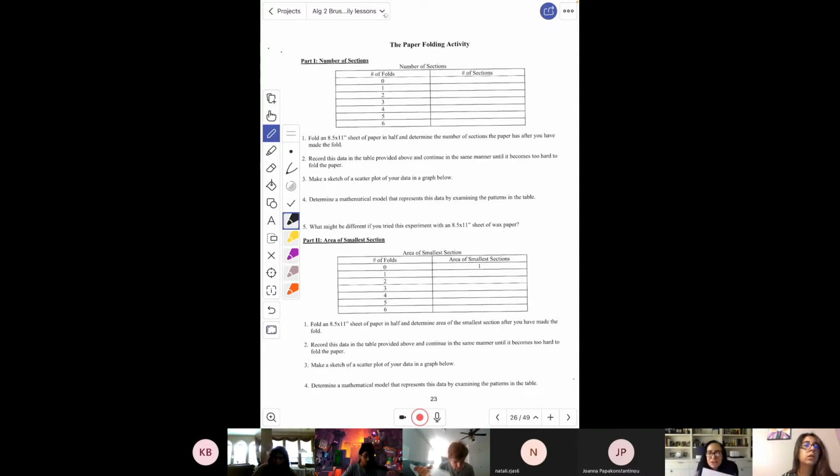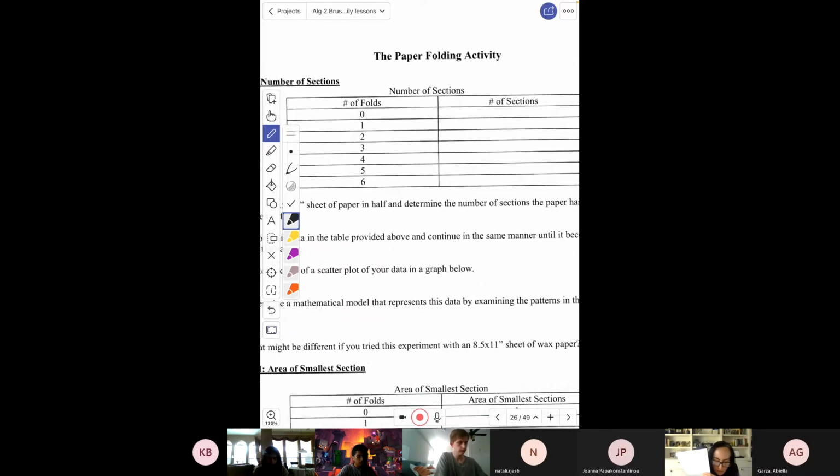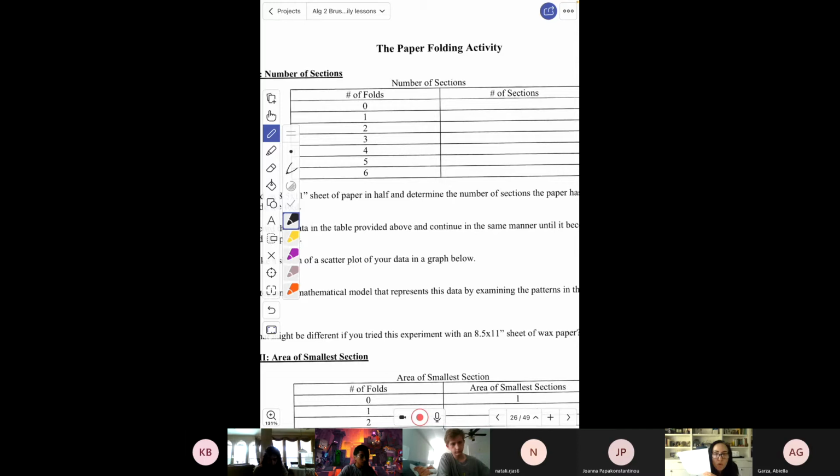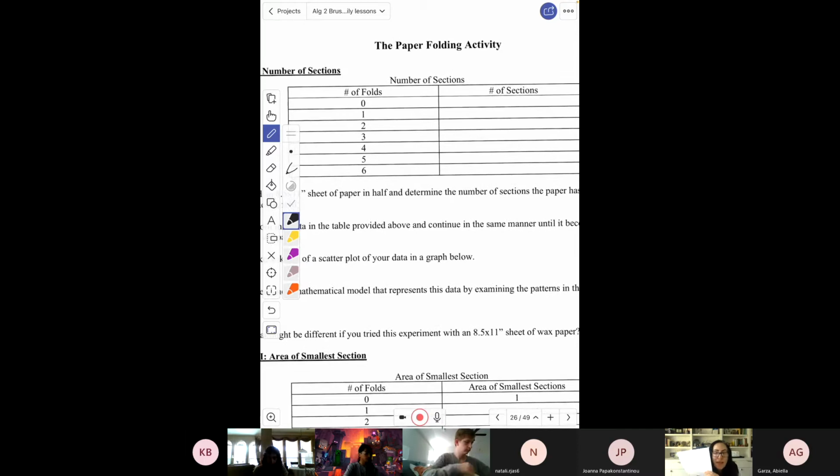So we have a blank sheet of paper. And what you are doing in the first part is you are taking your blank sheet of paper and you are folding it in half, okay? So if you notice your table of values, it's looking at the number of folds as your input, and your output is how many sections you have.